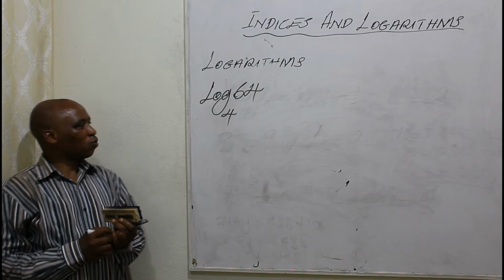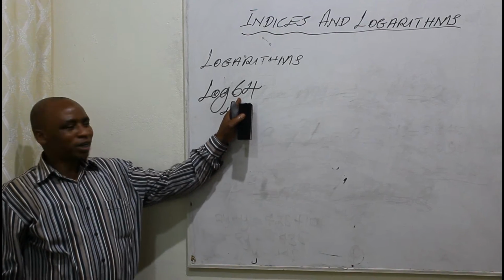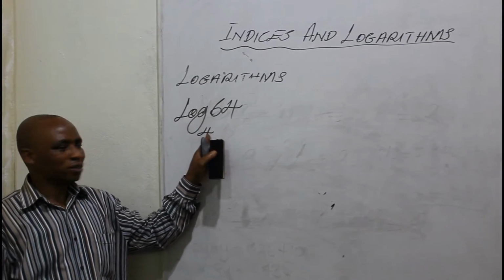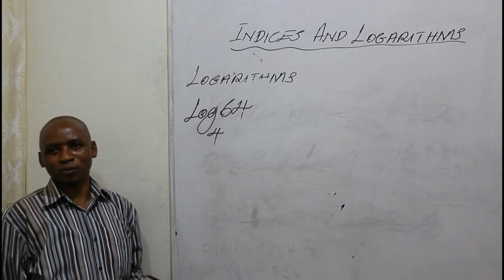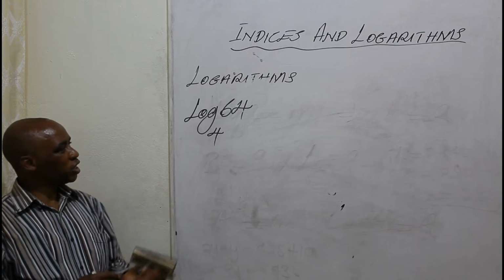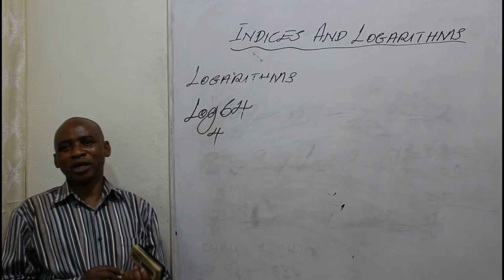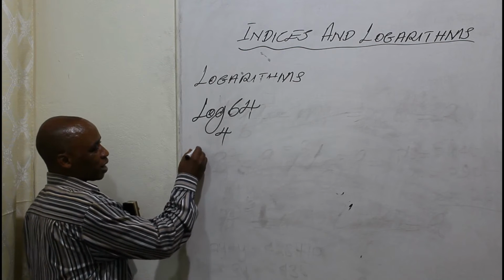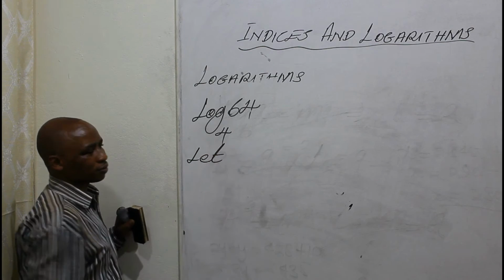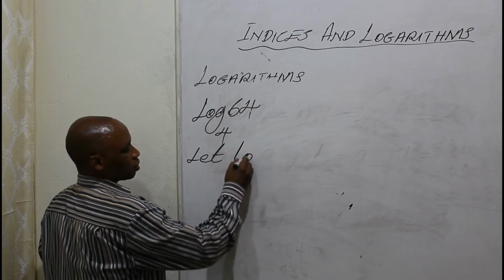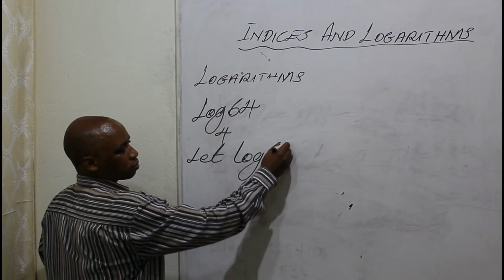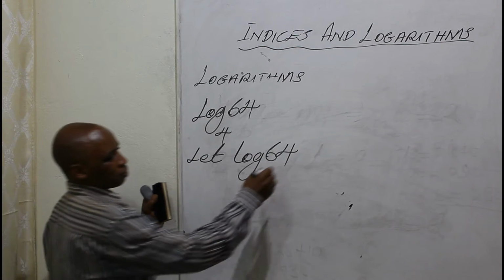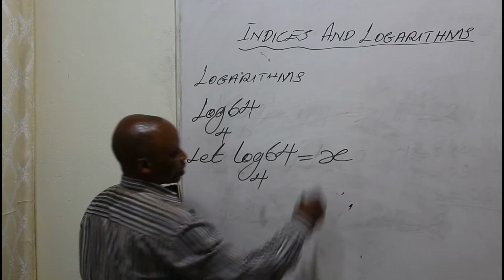By the definition, what this means is that the power to which the base 4 must be raised to give us 64. Since we don't know the power, we let a variable represent the power. So we say let log 64 base 4 be equal to, say, x.